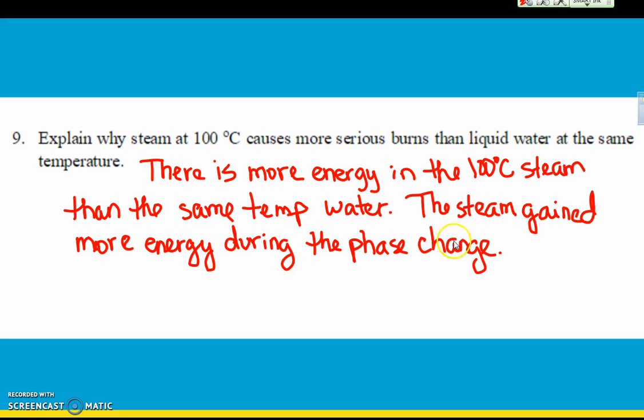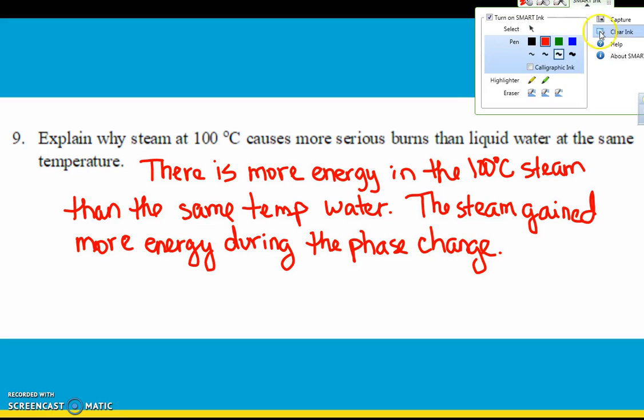So you have to put energy into the water to get it to go from liquid to gas. And that extra energy actually causes the steam to cause a more serious burn than the liquid.